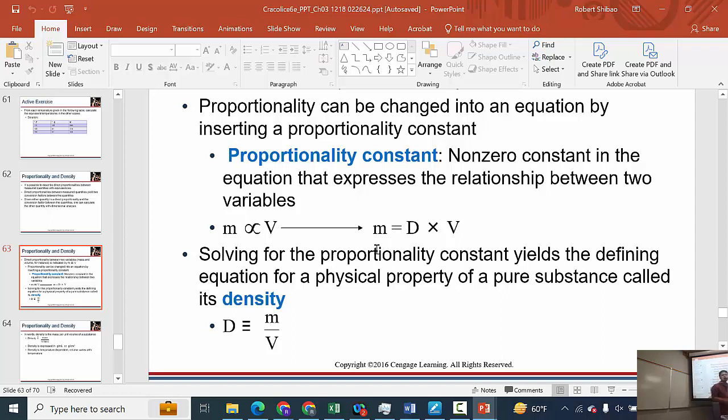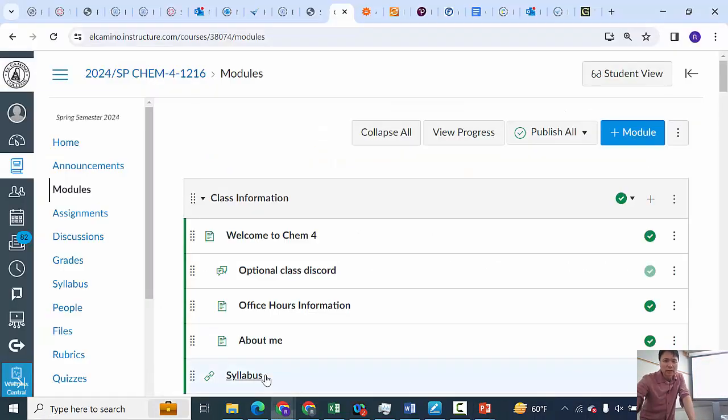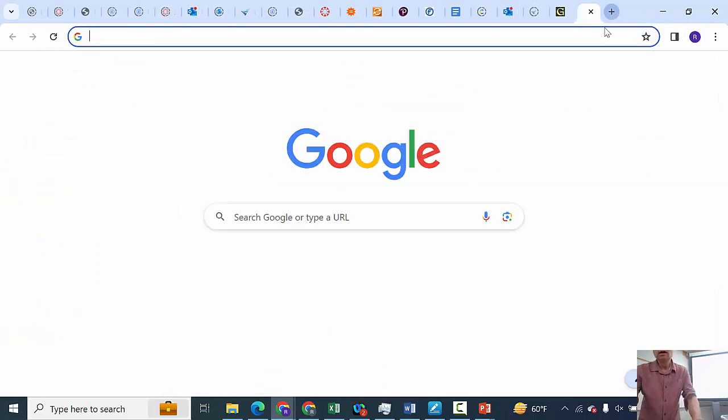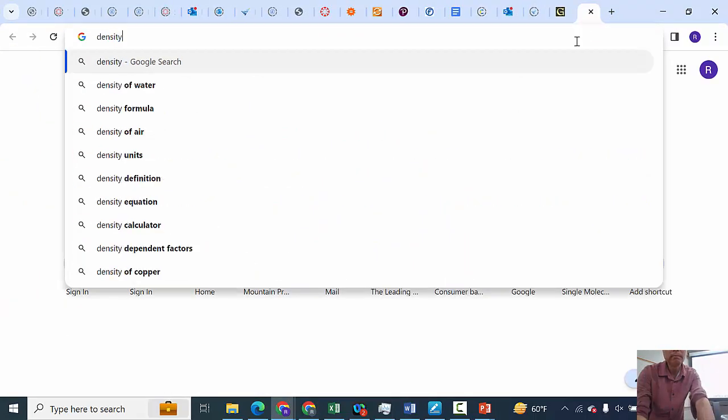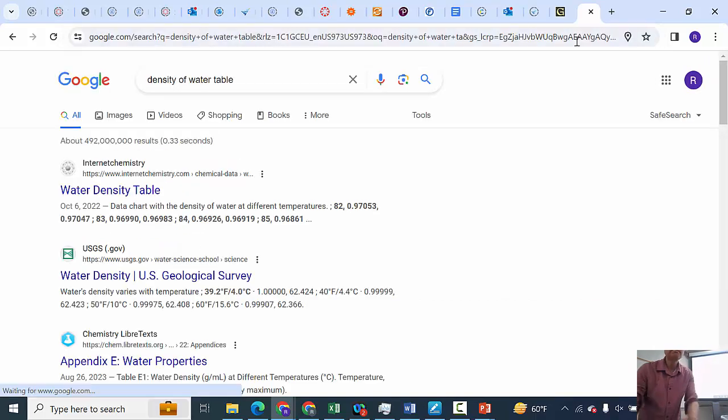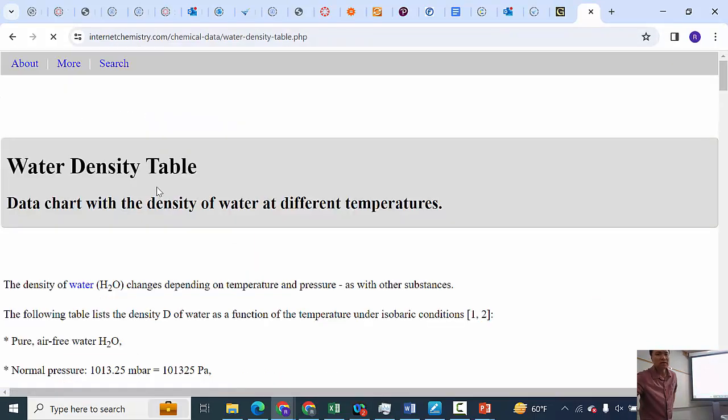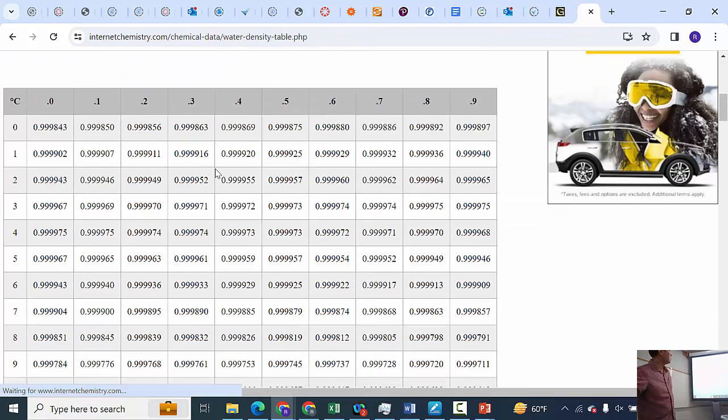And so we can see this because scientists like to see patterns, right? And so we can see this pattern here. If you take all that raw data, let's just go to the density of water table. You take all this raw data, do you see a pattern there?